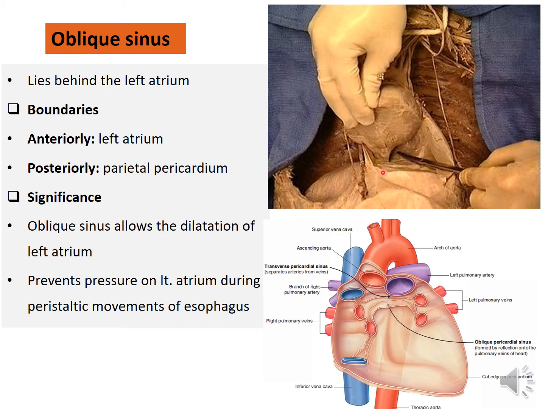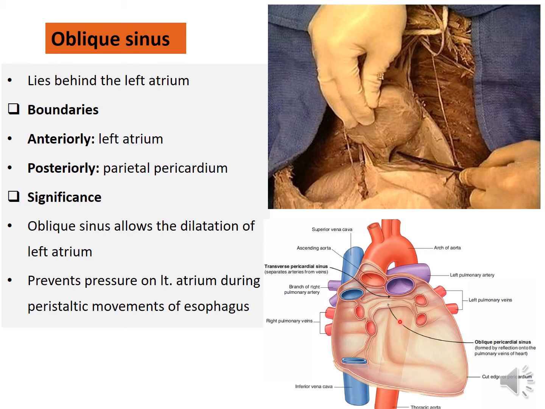Due to the presence of this sinus, the peristaltic movements of the esophagus will not have any effect on the filling phase of your left atrium. In simple words, the presence of the oblique sinus prevents pressure on the left atrium during swallowing, particularly during peristaltic movements of the esophagus. Hope you understood.